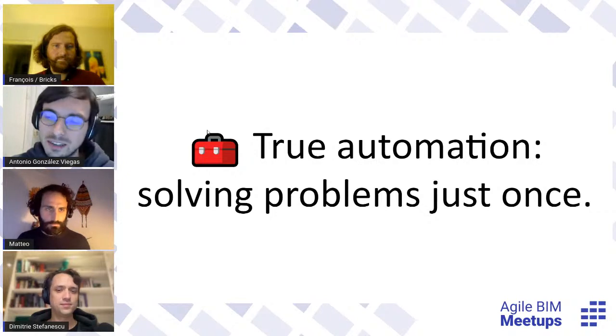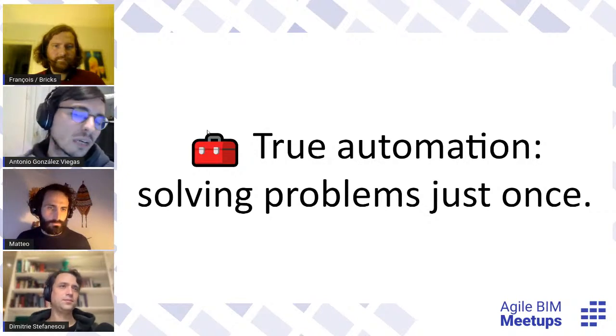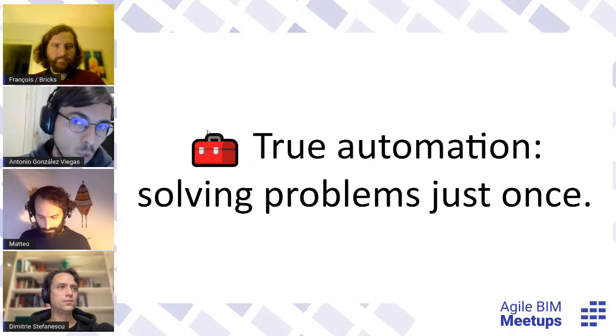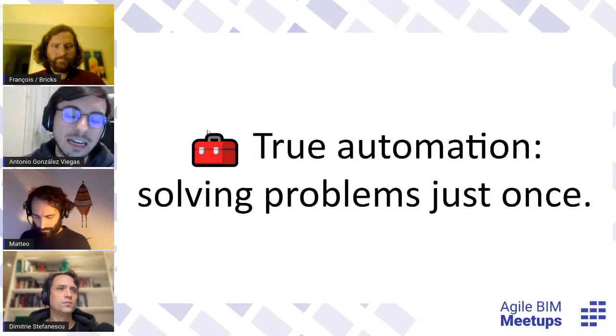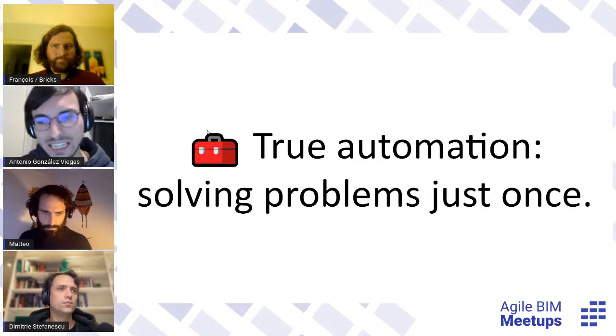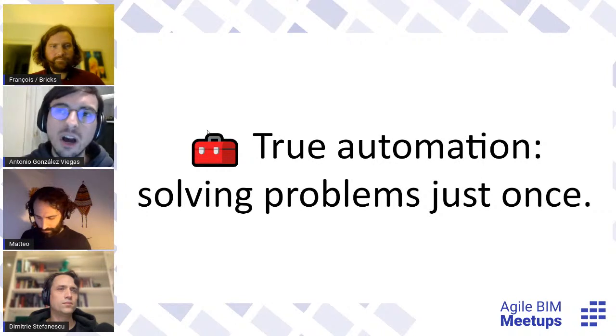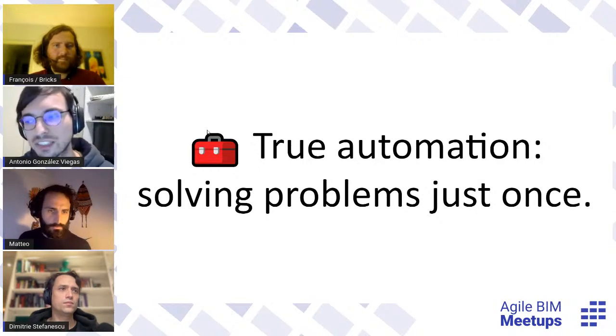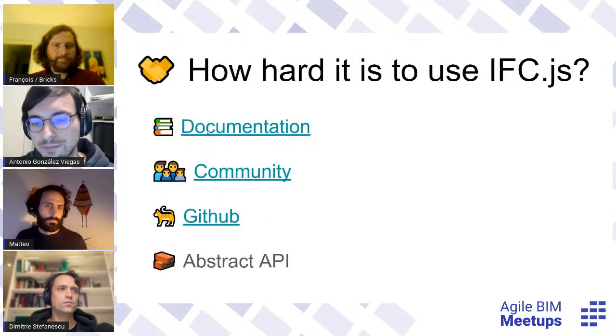But to me, at least, true automation is not about creating a Dynamo tree that makes your daily life easier. True automation is taking a problem that everyone has in the industry and solving it once for everyone for free, so that no one else has to walk that path again. The next time someone has that problem, they don't have to lose time doing that.